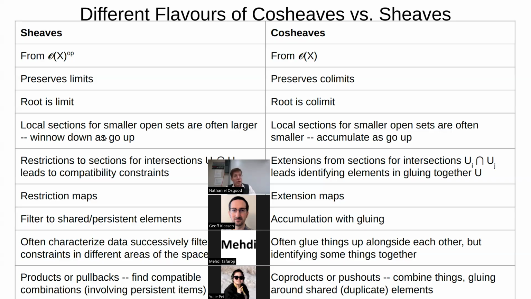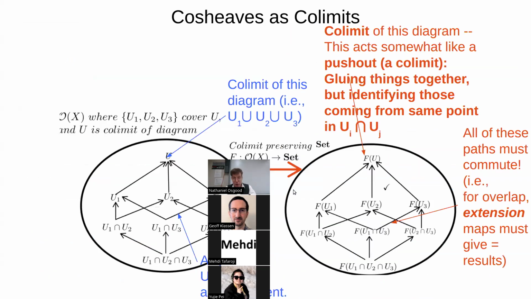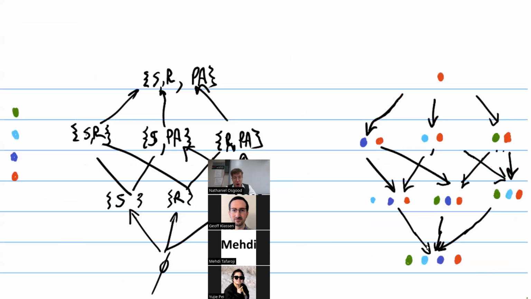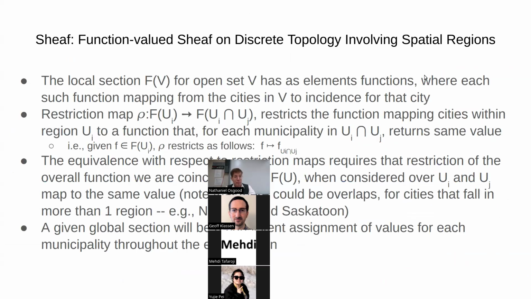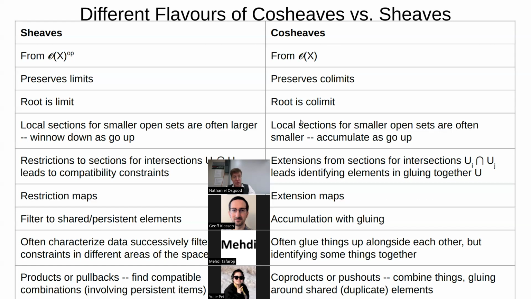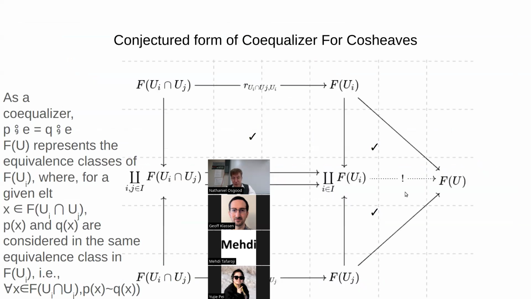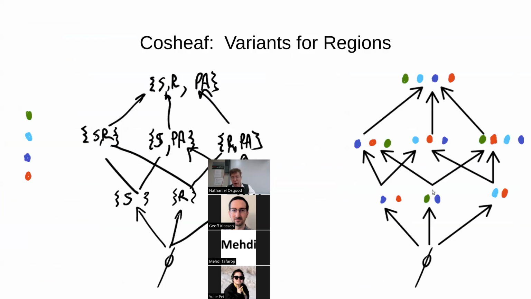Do you remember that? I just showed you that graph, right? We had all these for the empty set, right? And the further up we go, the more restricted we are, right? But contrast for cosheaves, for smaller open sets, we might have smaller things.